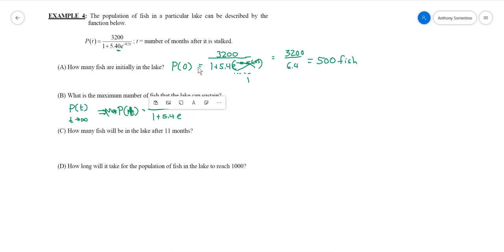As a side note, if I have e to the negative 0.5 t and I put a value in there, if we put the 0 in there, that's 1. If I put 2 in there, I get smaller. I put 3 in there, I get smaller, because this is basically reciprocating. This is basically saying I have 1 over e to the 0.5 t power.